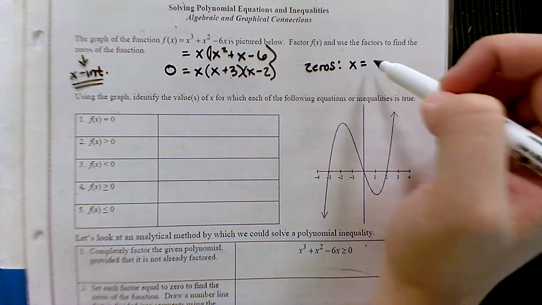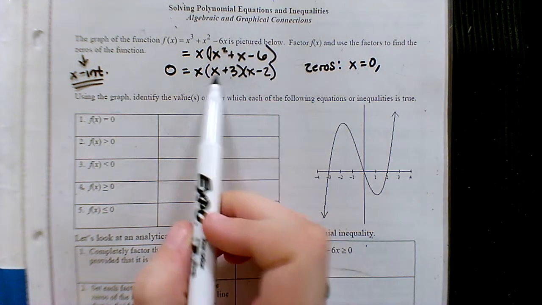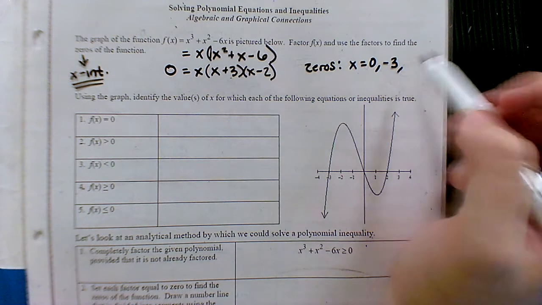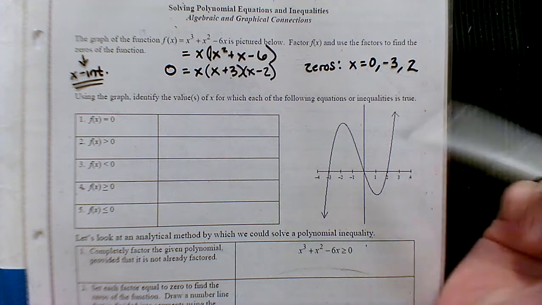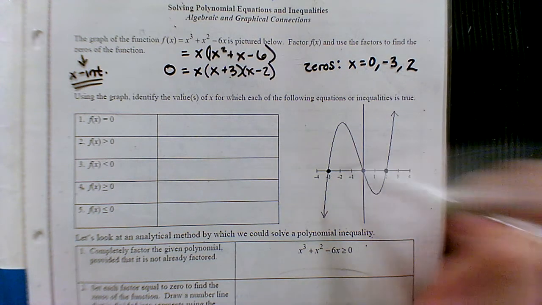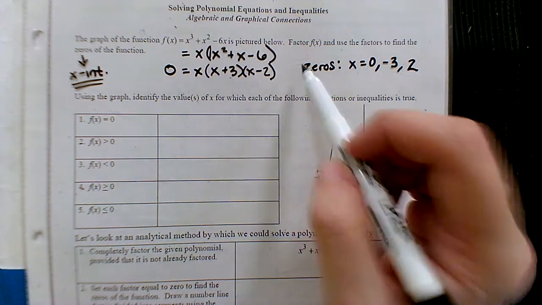Say it again. 0, good. And then the next factor looks like we would have -3, and the last factor we would have 2. That should graphically make sense because if you look at the picture, that's where we have those x-intercepts, where you're touching or crossing the x-axis. Perfect.